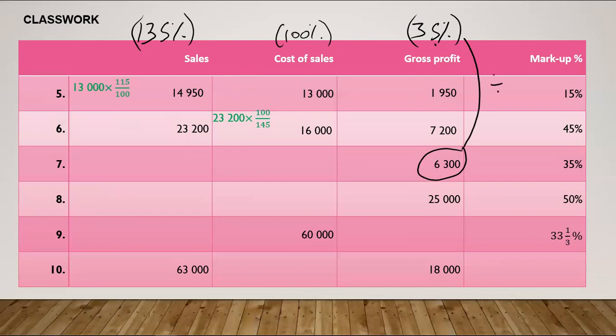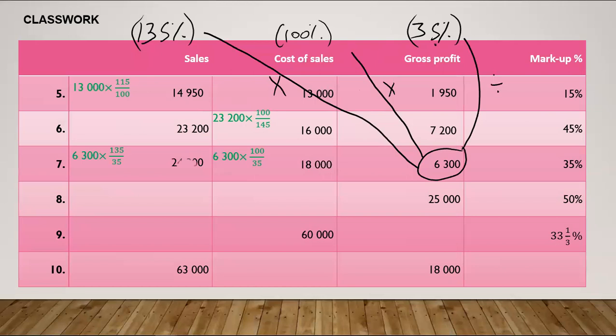If I want cost of sales, I will multiply by 100 but divide it by 35. If I want sales, I'll multiply by 135, but I will divide it by 35. So I started with cost of sales, multiplied it by 100 and divided by 35, which gave me 18,000. If I want sales, I'll multiply by 135 divided by 35, and that's how I got everything. Please check out all the answers.